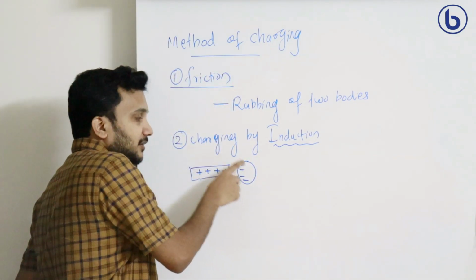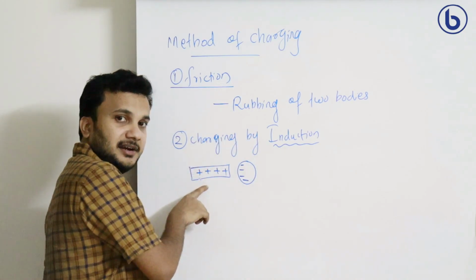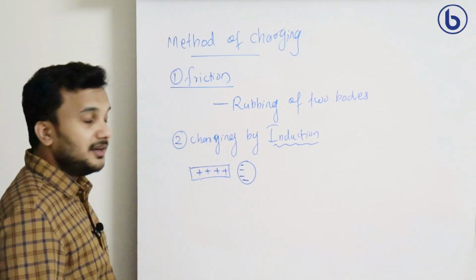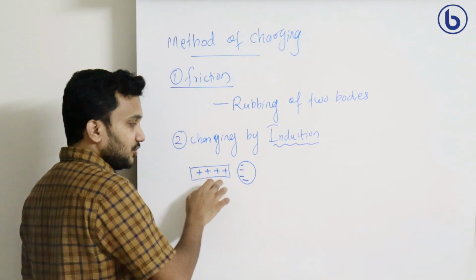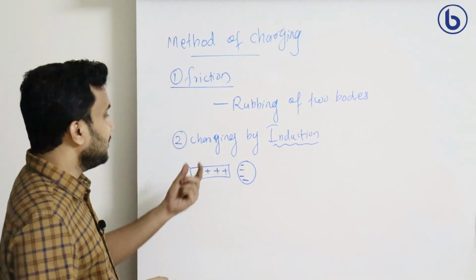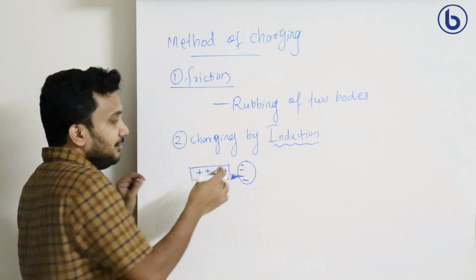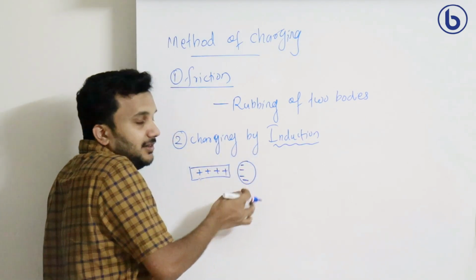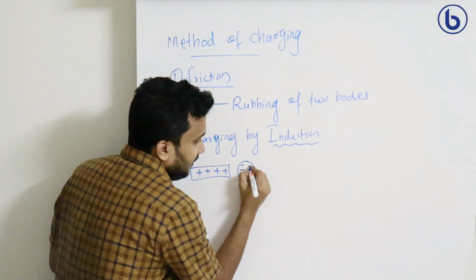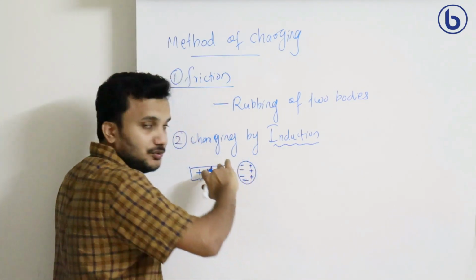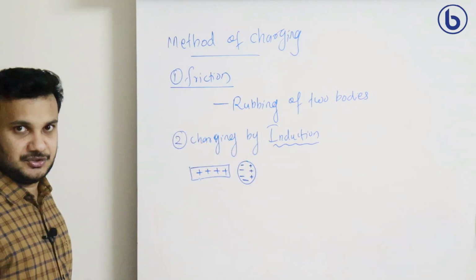A negative charge will be induced because of the presence of a nearby positive charge. This is called induction. If this periphery is generated with the negative side, then the opposite side of the sphere will be induced with the other charge, which means positive charge.